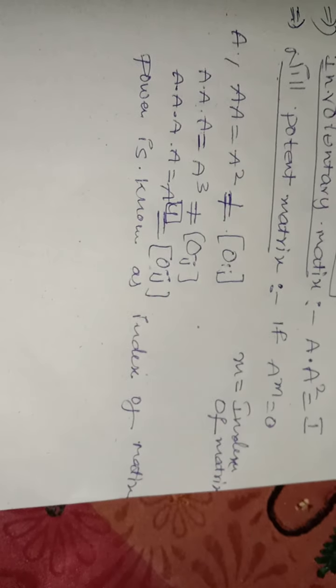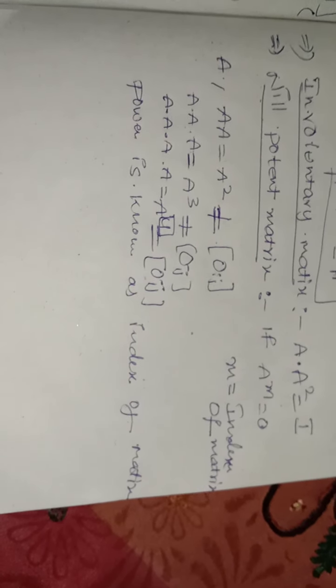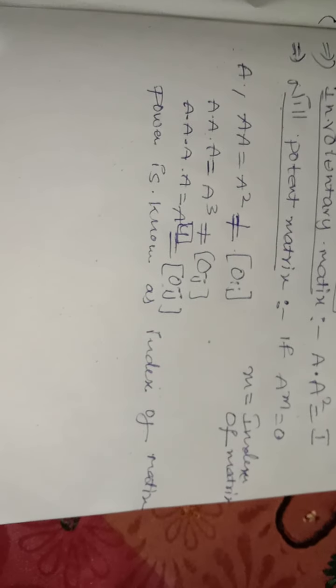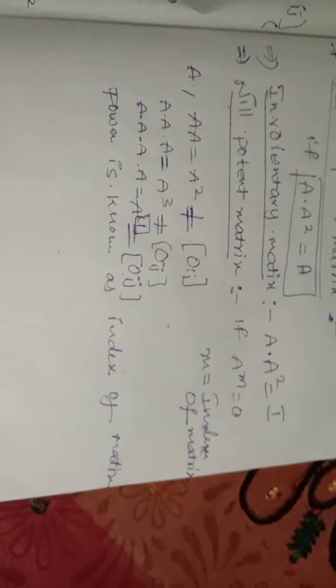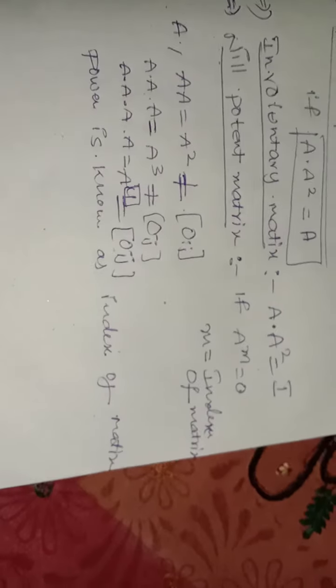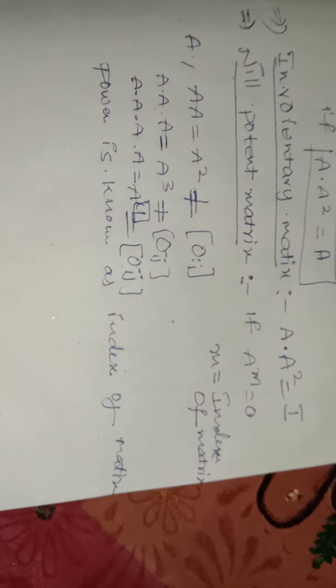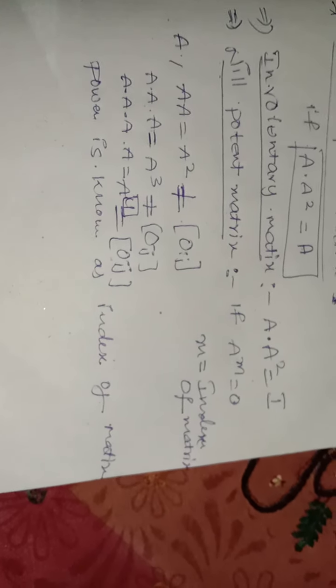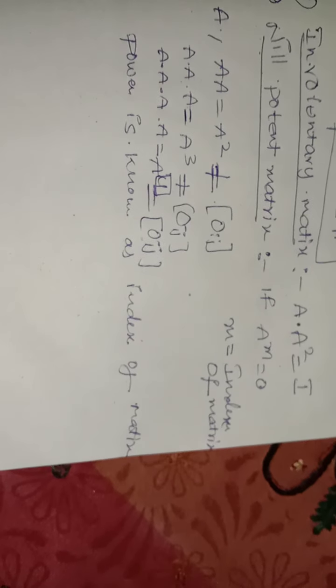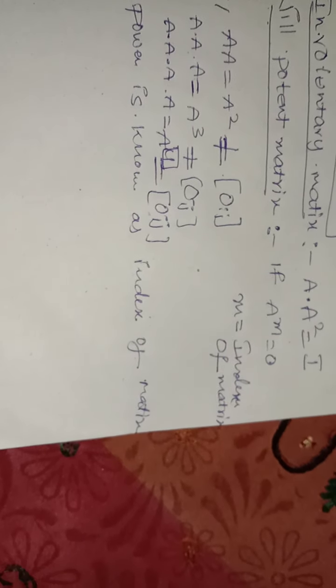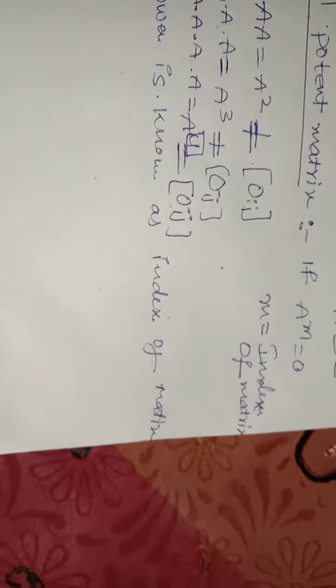So we multiply the same matrix n or m number of times until the matrix becomes a null matrix. Then the power at which the matrix became a null matrix is known as the index of the matrix.